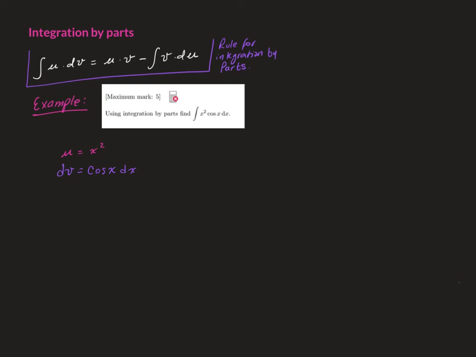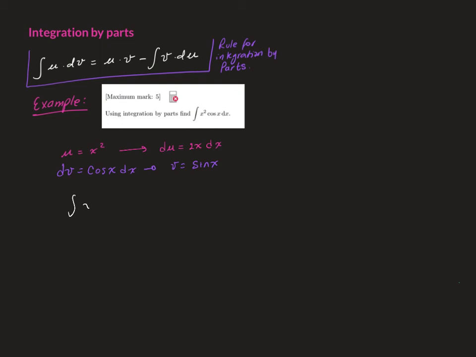Now the differential of u is going to be the derivative of x squared, so du is going to be 2x dx, and v is going to be the integral of cosine of x, so v is going to be sine of x. And we're going to substitute.